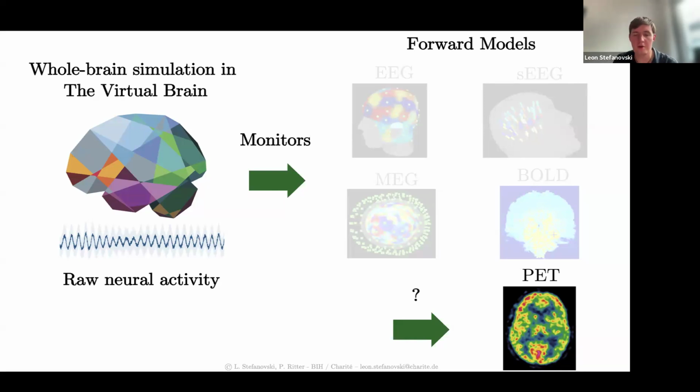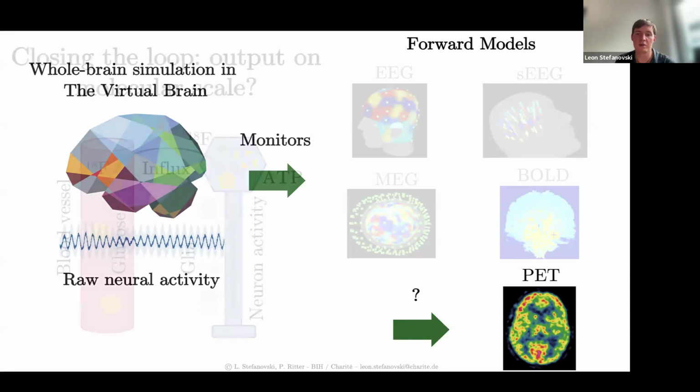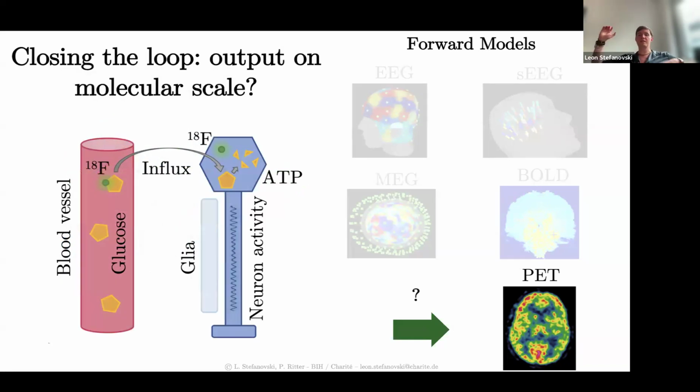It's not always available because it's an expensive technique, but at least there are routine FDG PET scans, compared to fMRI, which is only available for research questions and has no clinical routine at all. So it would be good if we could simulate this and create virtual FDG PET.